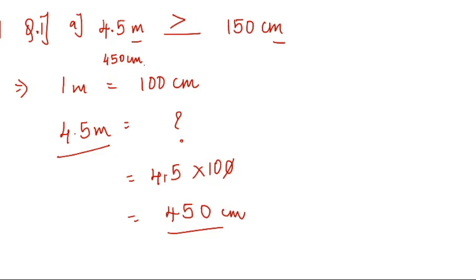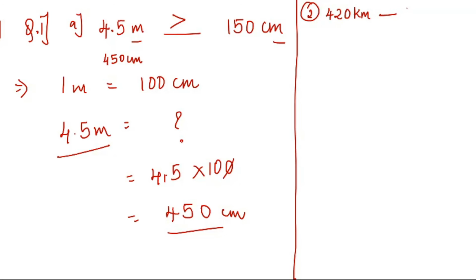Second one is 420 kilometer dash 42 lakh meter. So first what will we write? 1 kilometer is equal to how many meter? 1000 meter. 420 kilometer is equal to how many meters?